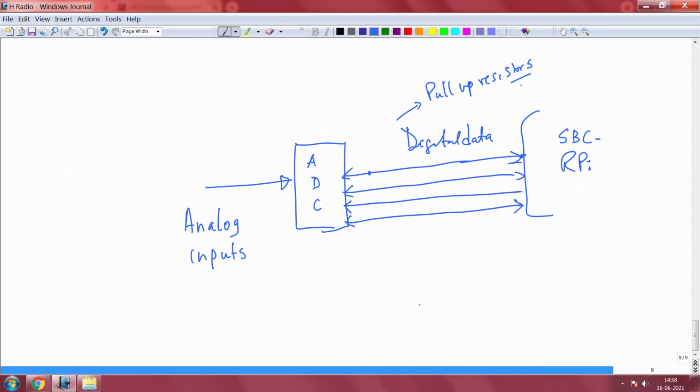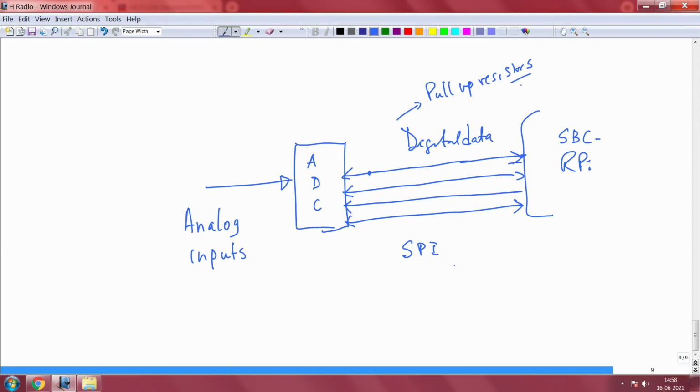This is also another way of transferring data, a digital communication between ICs, and such an interface is called SPI, serial peripheral interface.